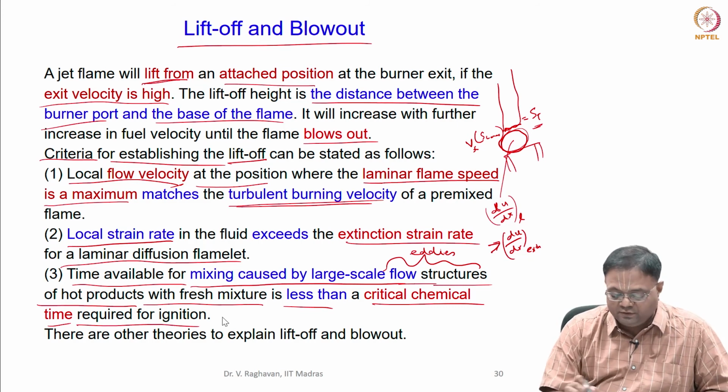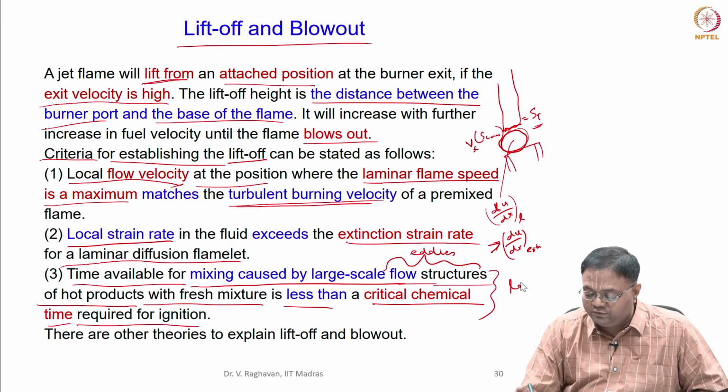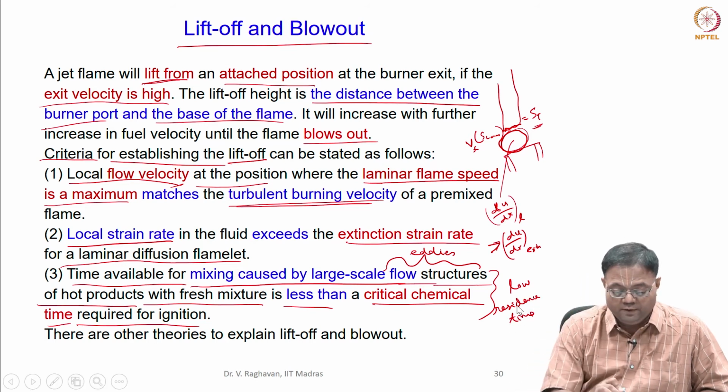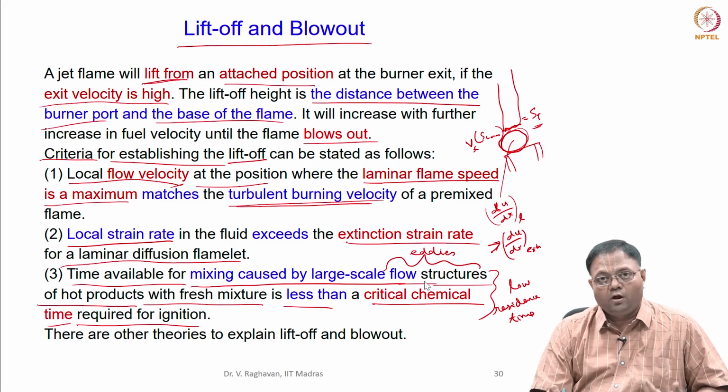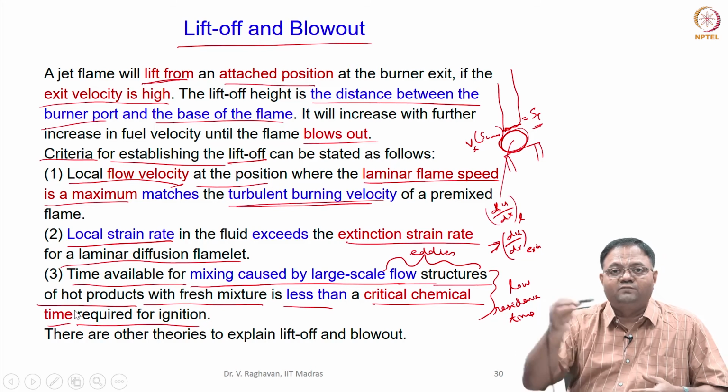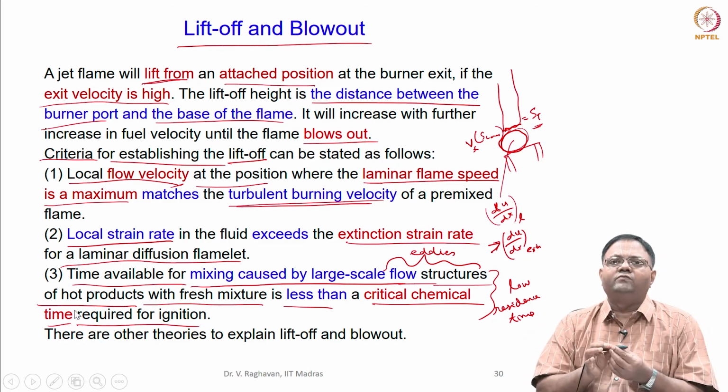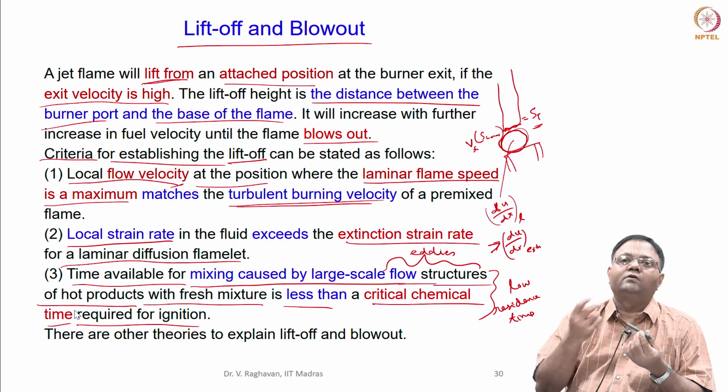So this is the low residence time, correct. Here, time is available for mixing caused by the large scale eddies, which mix the hot products with the fresh mixture. Why do we need hot products to be mixed with the fresh mixture? Because it will auto ignite.